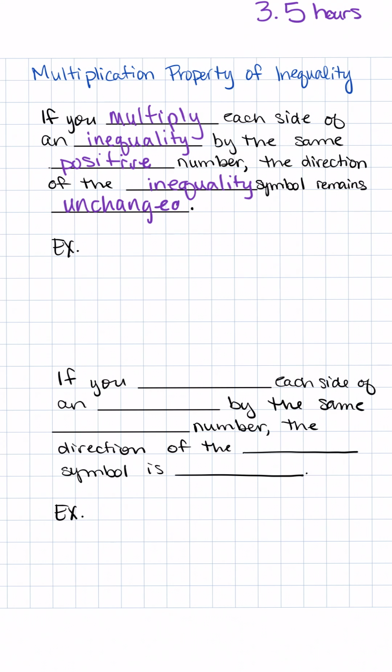So it's the same thing as division. If it is positive, it is unchanged. Our example would be if we have 12 is greater than 8, and we multiply 2 to both sides, then the inequality stays the same.